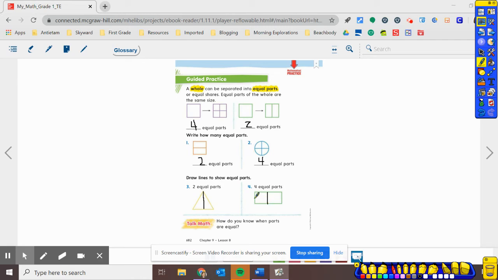And then we can draw a line straight down the middle from side to side. And that will give us four equal parts. That's what they did up here in the square. But if I would do that for a triangle, it would not give me four equal parts. So you have to do it differently for a triangle. So draw your lines to divide your rectangle into four equal parts.